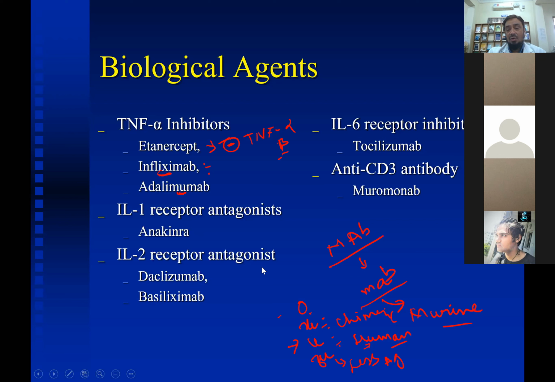Interleukin 2 receptor antagonists are mainly directed against T cell activation.